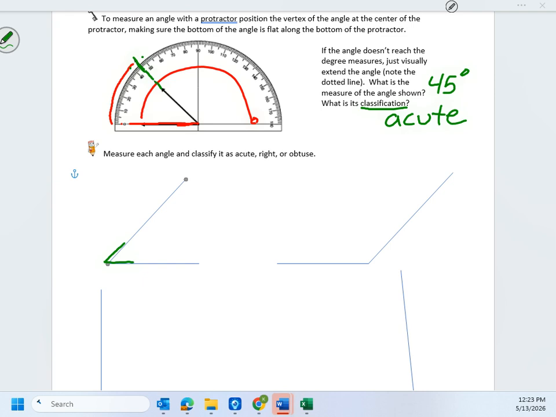That's how we know if we're using the right numbers. If your measurement is an obtuse measurement, but you look at it and it's cute and little, you used the wrong set of numbers. So do that double check. Does your degrees match your classification?